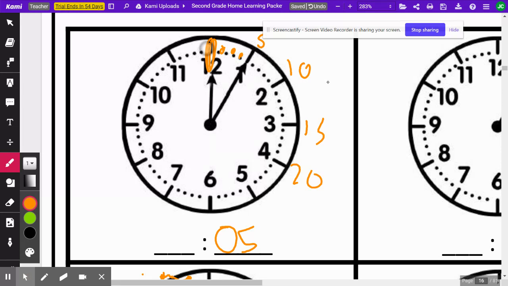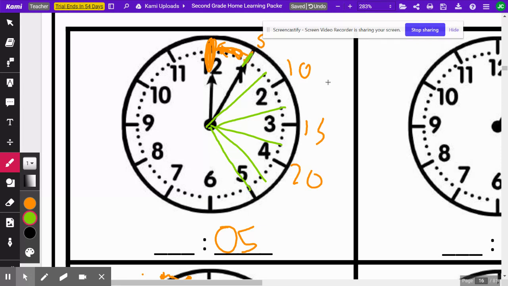Moving to the next one. First, let's find the minute hand. Remember, it goes 0, 5, 10, 15, 20. And remember, the minute hand is the longer one. The minute hand is on the 5. So that means, once again, it's on 5. And the hour hand is just a tiny bit past the 1.